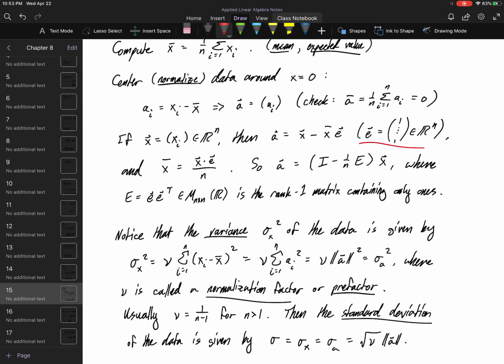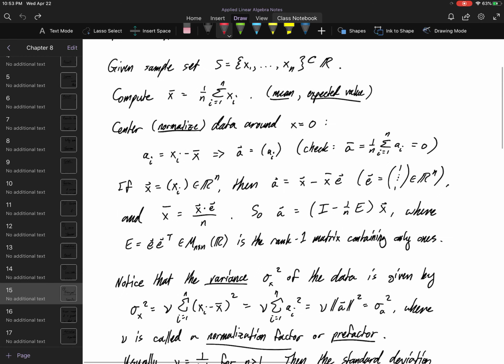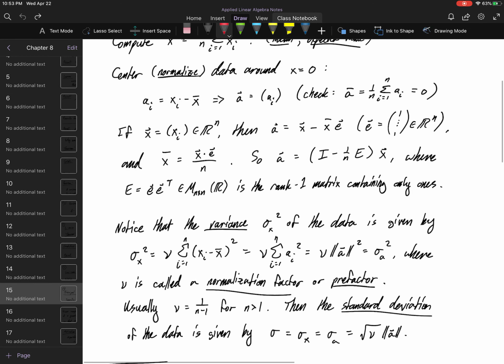And we make use of this vector e, which is the vector of all ones. This is a useful tool for us, especially if we have repetitive operations that we need to employ over an entire vector of data points.